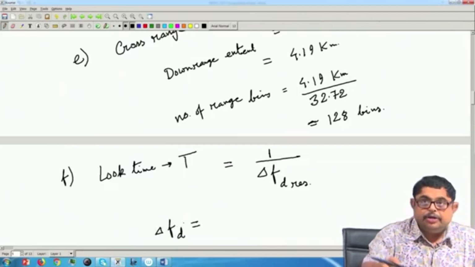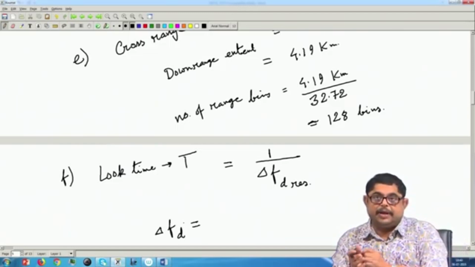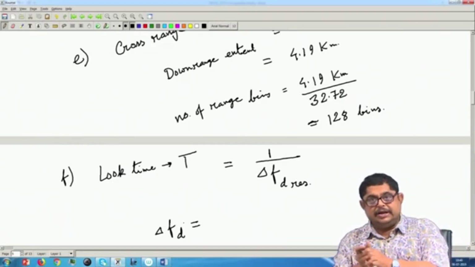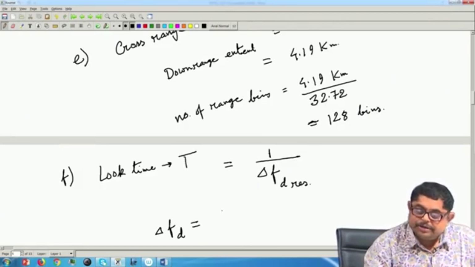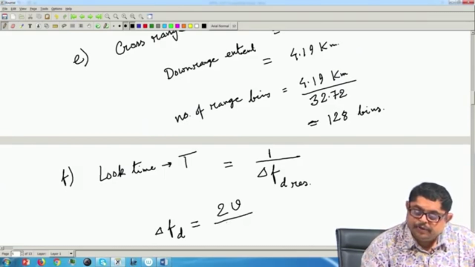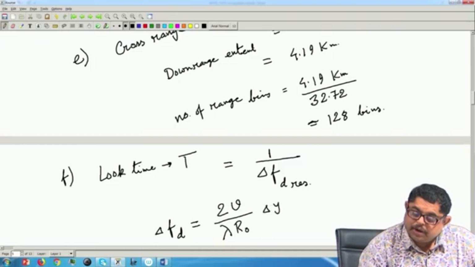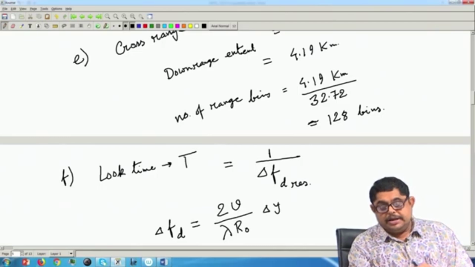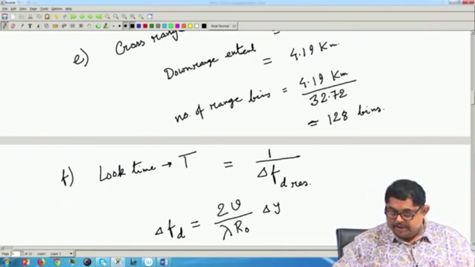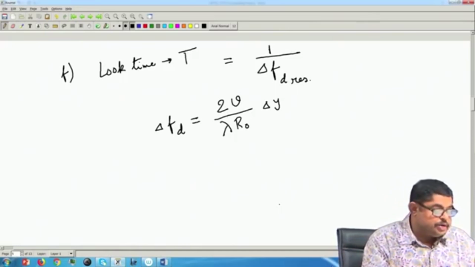Because you see, SAR details are not given. If they were given, then we could have calculated, but here we can easily find the Doppler frequency resolution, because velocity etcetera are given. So, delta f d equals 2 v by lambda r naught into delta y. This is the relation between change in Doppler and the cross range resolution.